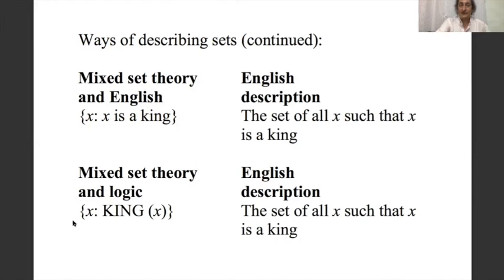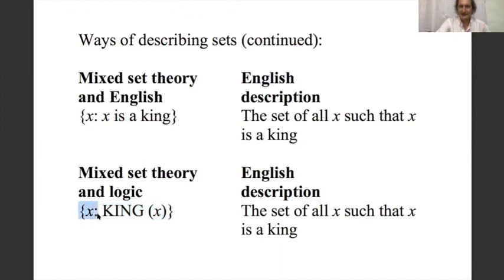Another thing we commonly do is we mix set theory and logic. Here we have the set of all x such that logical predicate king applies to x as a term of logic. So this is part of our predicate logic.